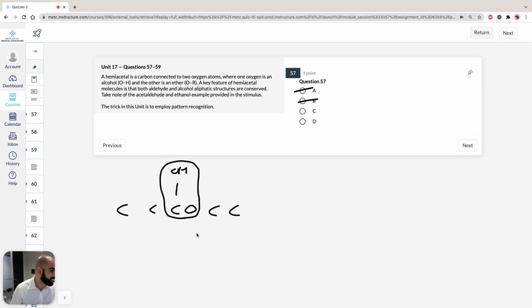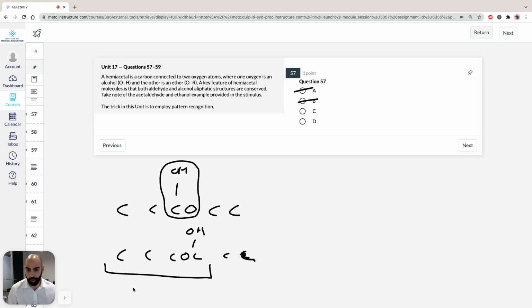Looking at C and D, D is incorrect because they've drawn a different compound, a 5-carbon structure, which looks like a butanol group with a methanol group, or something else entirely.